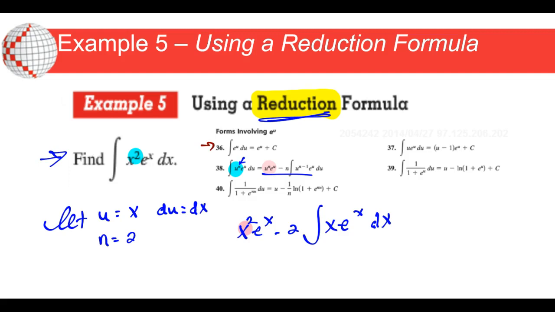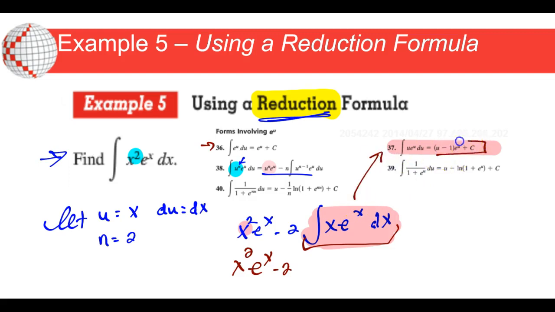And this looks something like 37. So I'm going to use my integration tables twice. I'll keep this x squared e to the x minus 2, and then using 37's formula, I'll write this: times the quantity x minus 1 e to the x, because that's the u term, plus c.